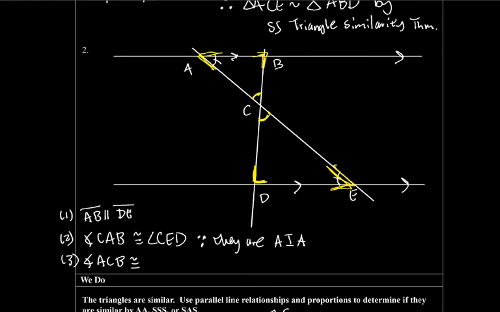I'm going to call that angle probably ECD, because they are vertical angles. So we could also get that those other two angles are congruent. So if you notice that, great, you can write that as well. But this is actually all the information that we need.